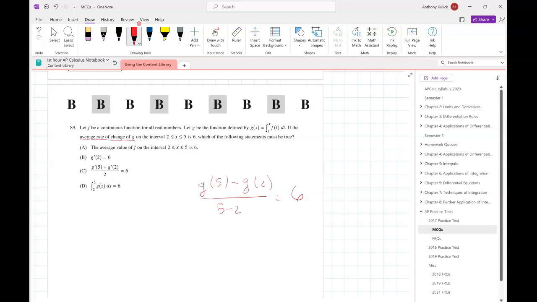Now, 5 minus 2 is 3. What is g of 5 minus g of 2? Think the fundamental theorem of calculus, part 2.